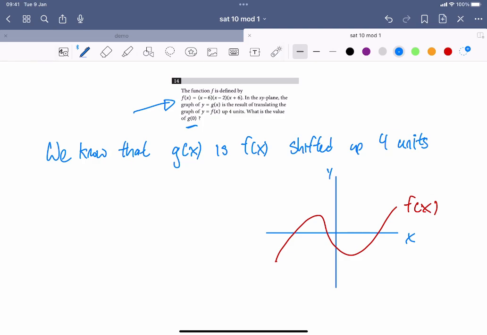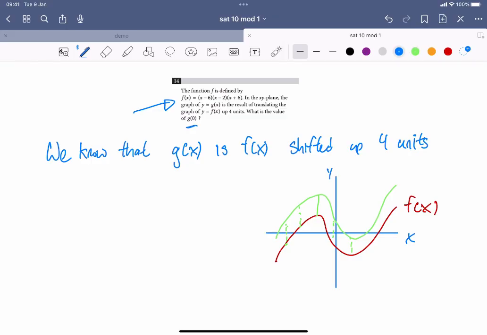Because you know that g of x is just the graph of y equals f of x up 4 units. It's essentially saying that the curve itself doesn't change. It just shifts every point up 4 units along the entire graph. It keeps the entire shape, but it's just shifted up 4 units.